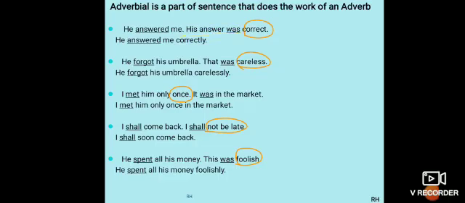So for correctly you cannot put comma. So, he answered me correctly. Now here also you see that was is eliminated. So this full stop is again not replaced with a comma, and simply there is one word put as adverbial, that is carelessly. So you have to make sure in infinitive and in adverbial we are supposed to synthesize but not supposed to synthesize statements with a comma in it.